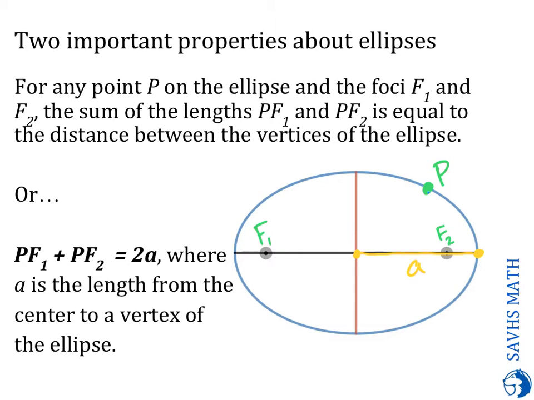The distance from P to F2 plus the distance from P to F1 is equal to 2A. So this distance from here to here to here is twice the length of from here to here.